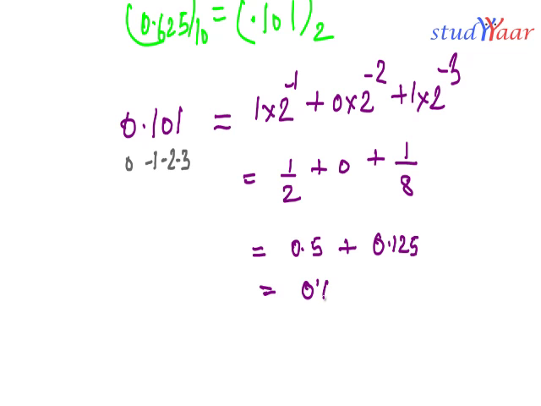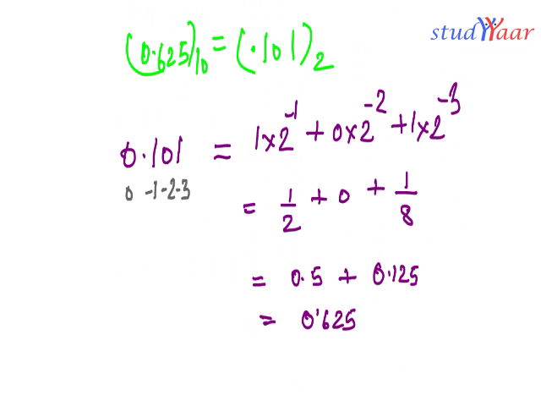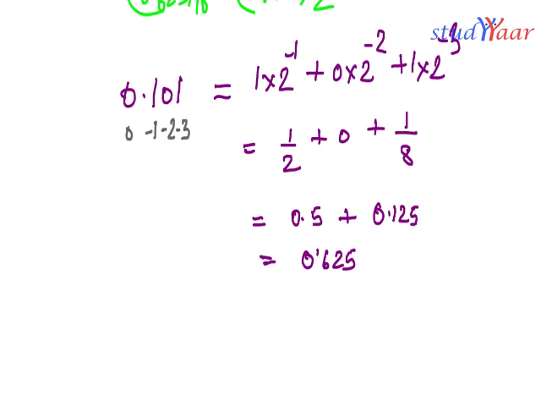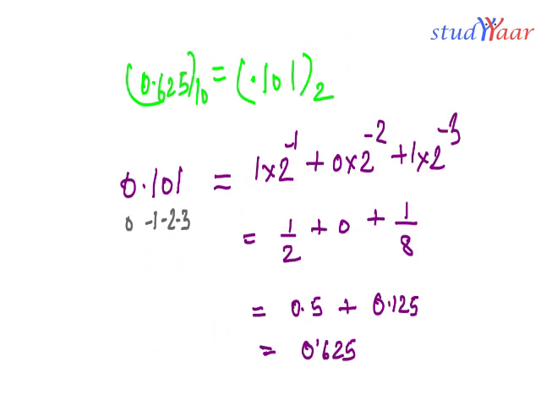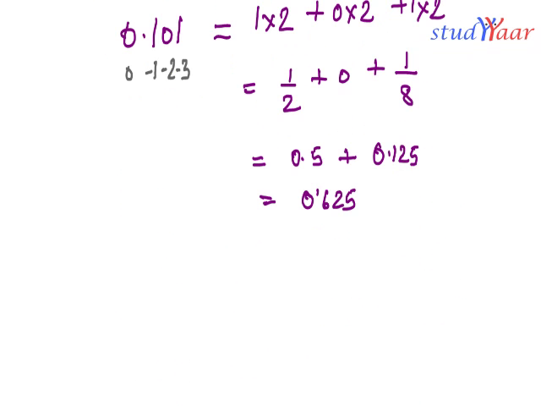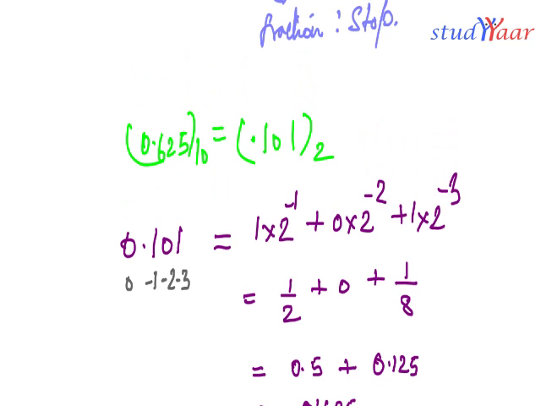So my answer is 0.625, and this is what I started off with. So this is the correct answer. That was about converting a fractional part of a number into the equivalent binary number.